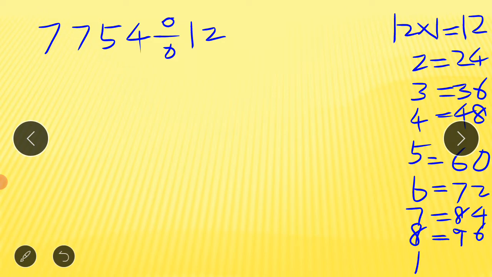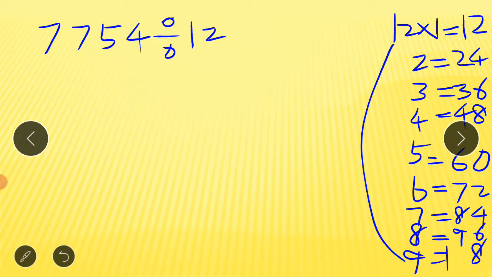Then 9 times. 9 twos are 18, and carry over 1. 9 ones are 9. 9 plus 1. Don't forget to add the carry over. 9 plus 1, 10. Till 9 counts is enough, children, to multiply. So we received 108. Okay.